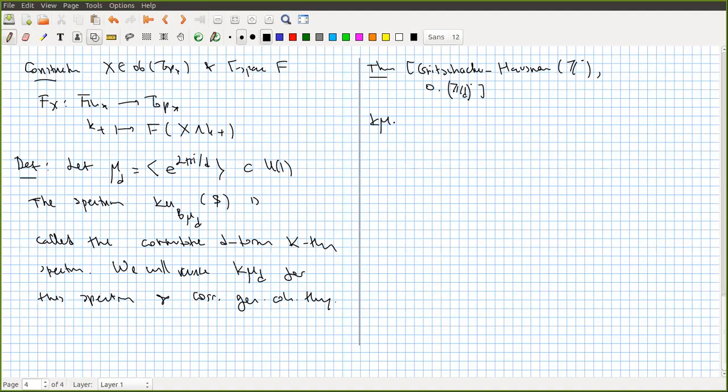K mu d is stably equivalent to Ku smash B mu d. So this is the first result. And if you look at the infinite loop space of K mu d associated to K mu d, this is weakly equivalent to the classifying space B_{Z mod d} U. Okay, so this is the connection.